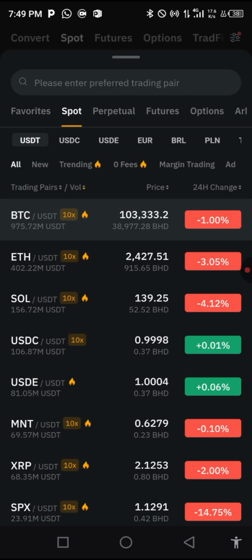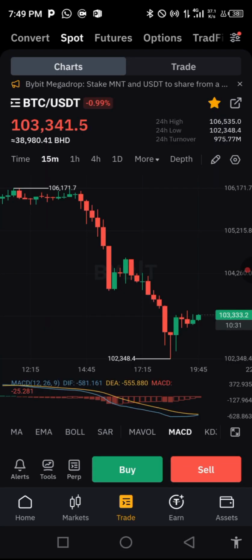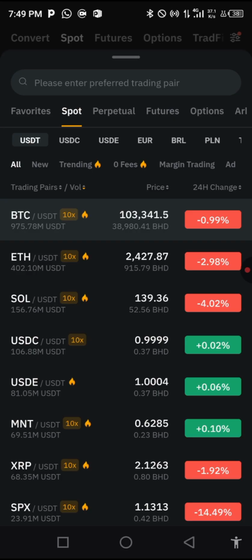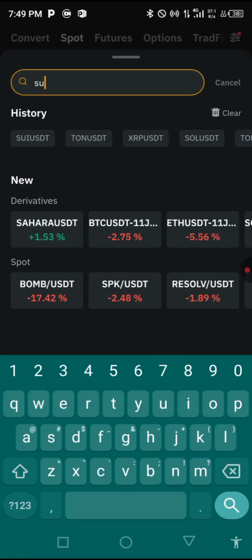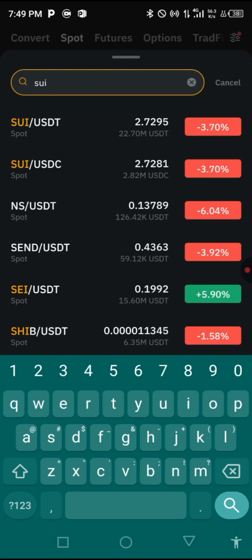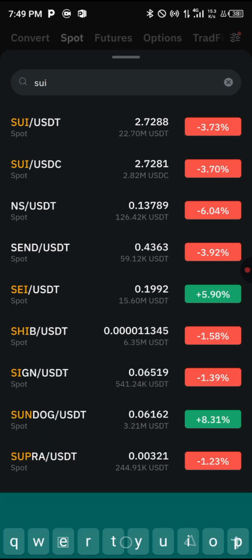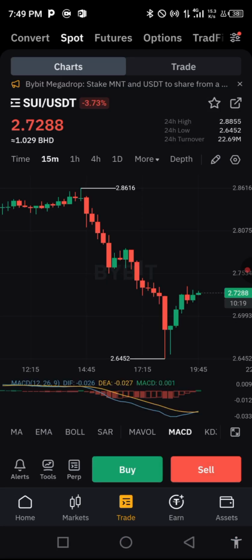So let's check SWI under spot. This is SWI under spot. Now we want to buy SWI for like $5 and keep.